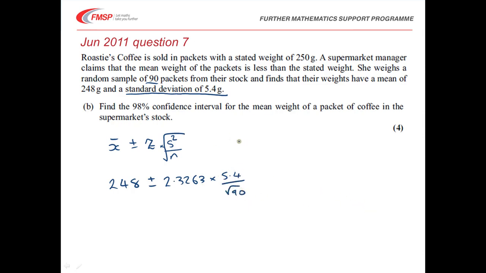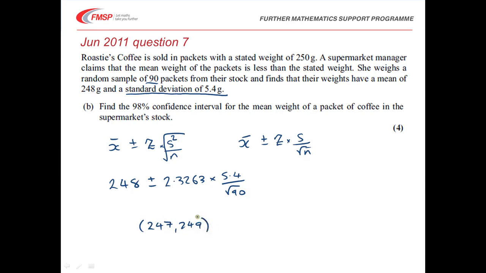So again, another way of writing your confidence interval is x bar plus or minus z times s over root n. So we can calculate that, which is fine, adding and subtracting. Now generally we give this to 3 significant figures, so we're looking for 247 to 249.